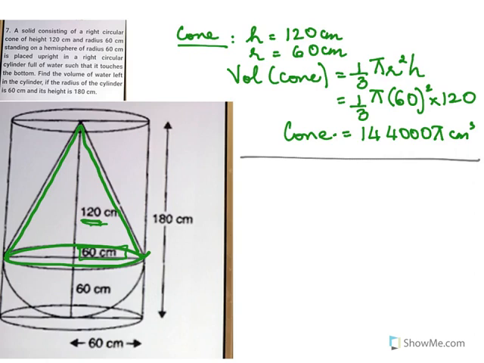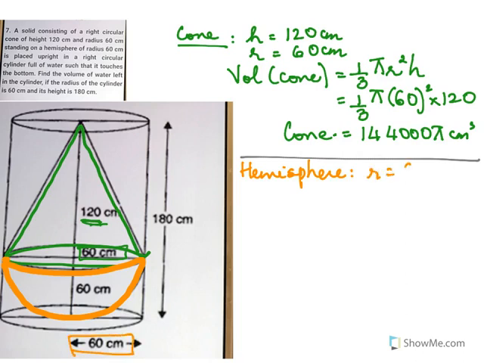The next shape we have is the hemisphere. Now let us find the volume of the hemisphere. For a hemisphere we require only one dimension, and that is the radius, given as 60 centimeters.